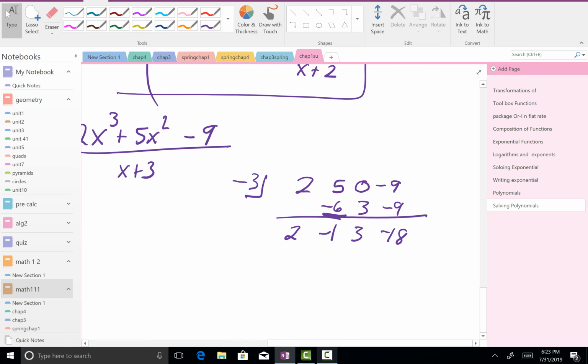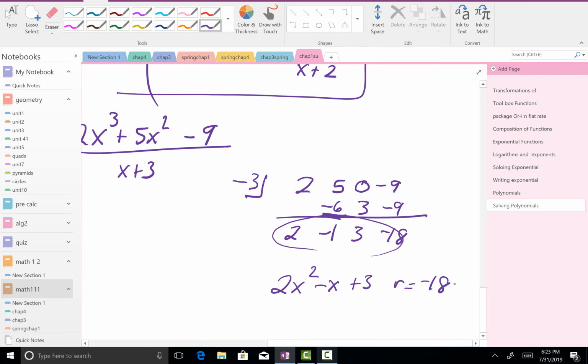Okay. So let's think about this though. So then what is going to be my answer to this? Okay. What is this going to turn out to be? Well, we started with an x cubed, we're dividing by an x, so what's left over? 2x squared. So we got a 2x squared minus x plus 3. -18 is our remainder.